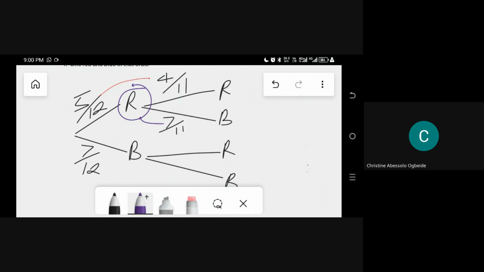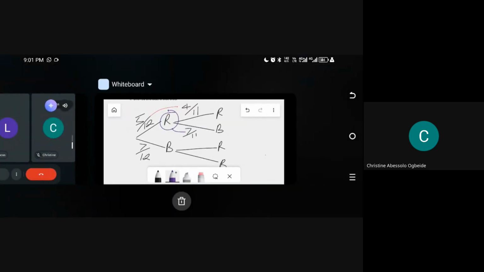Probability of picking a red the second time, if it was blue we picked the first time, would be what? We're waiting. 6 out of 11.